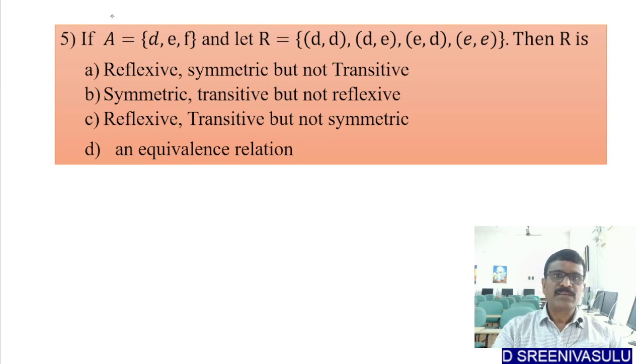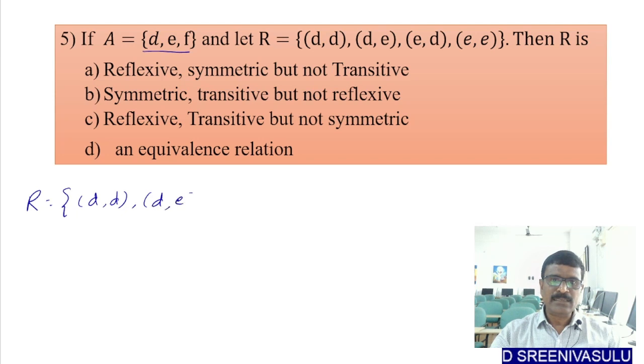Question number 5. If A is equal to {D, E, F} and let R be equal to {DD, DE, ED, EE}, then R is, which option is correct we have to check. Since R is equal to DD, DE, ED, EE, we know that A is equal to {D, E, F}.